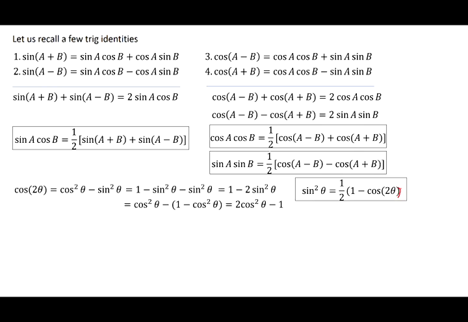Okay. 1/2 of 1 minus cosine 2 theta. Similarly, cosine square theta is 1/2 of 1 plus cosine 2 theta. All these 5 results are very important to remember. Sine A cosine B, cosine A cosine B, sine A sine B, sine square theta, and cosine square theta.